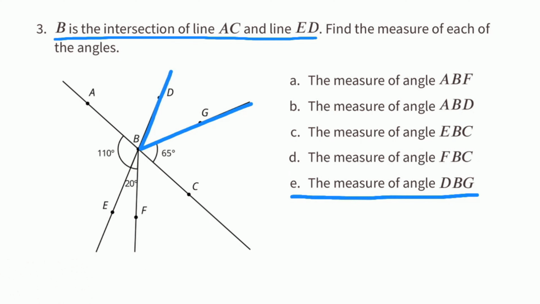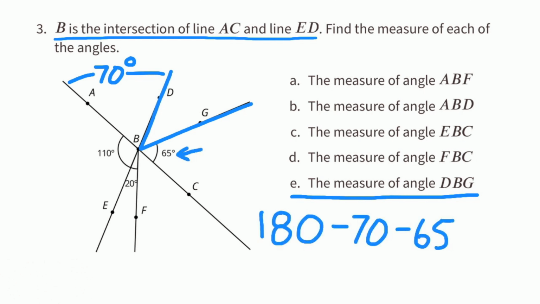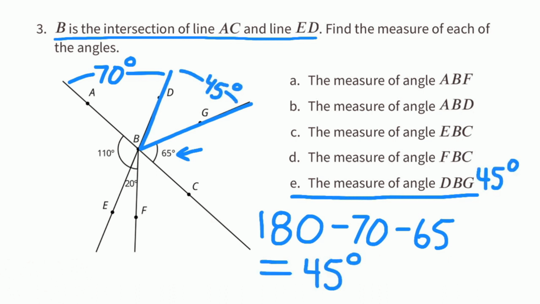We already figured out the measure for angle ABD, which is 70 degrees, and the measure for angle GBC is 65. So 180 degrees minus 70 degrees minus 65 degrees equals 45 degrees. So the measure of angle DBG is 45 degrees.